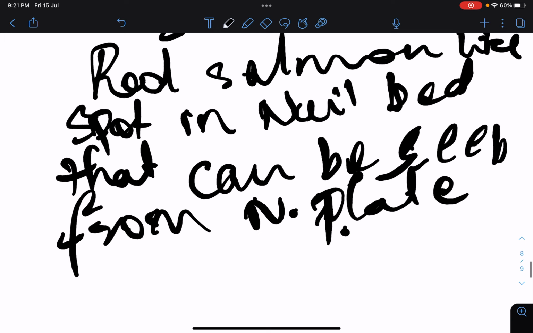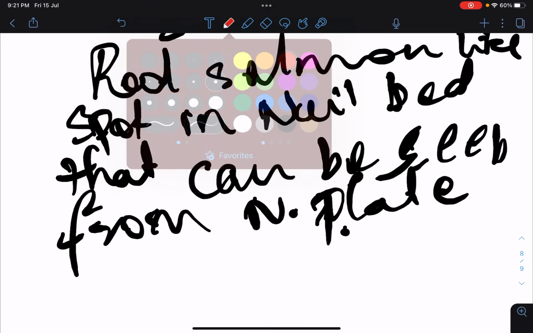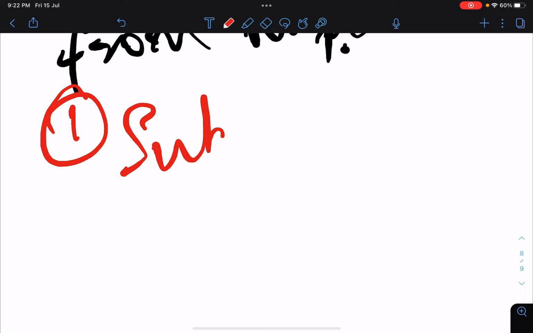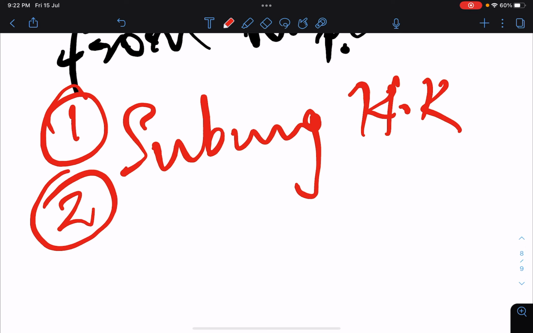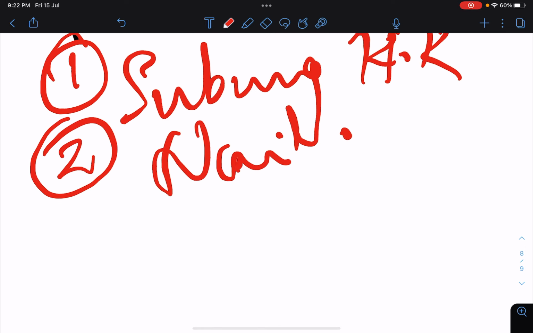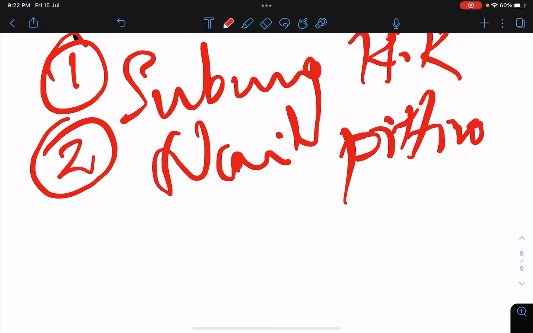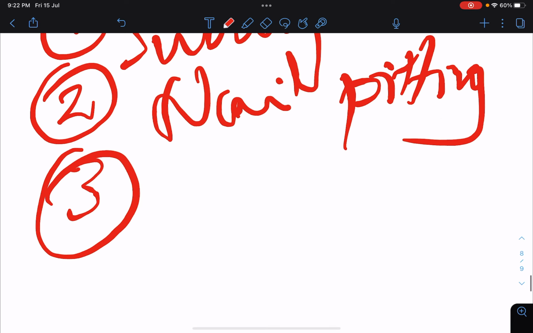Let me just tell you all the different very important characteristics that are there. First, you will have subungual hyperkeratosis. Second, nail pitting. Third, you would have onycholysis.